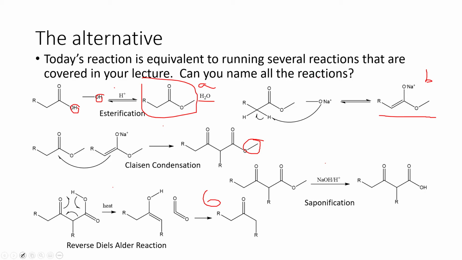The next step is the reverse Diels-Alder reaction, where you can kind of see if we arrange the molecule in a way such as so, we can move some of the electrons around, so we can have the hydrogen form, basically we can form a double bond here, which breaks this bond.